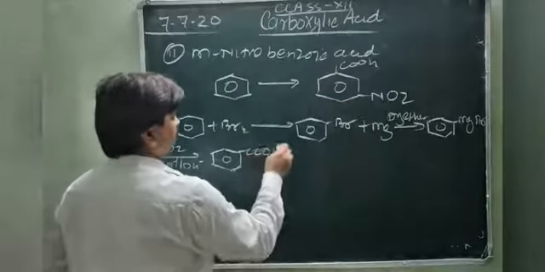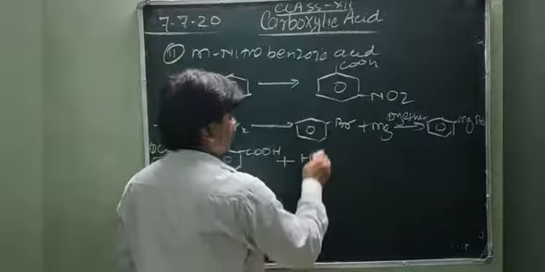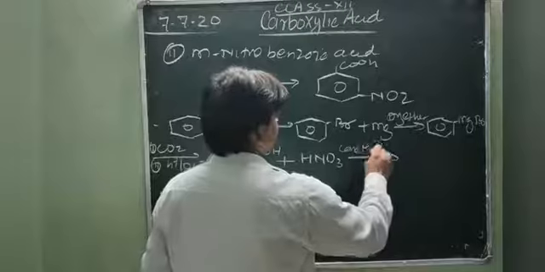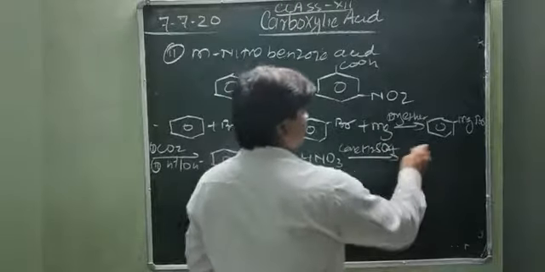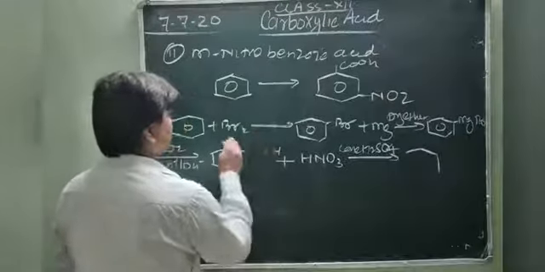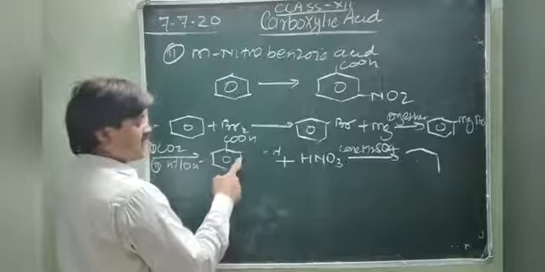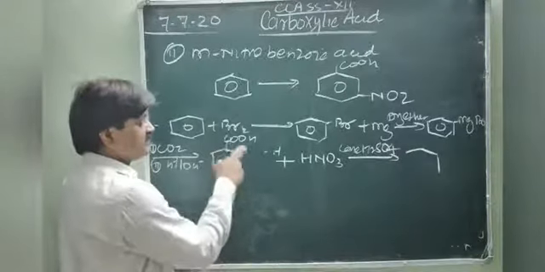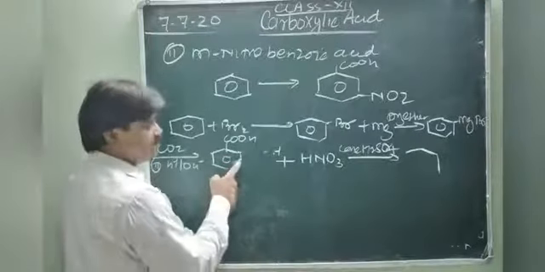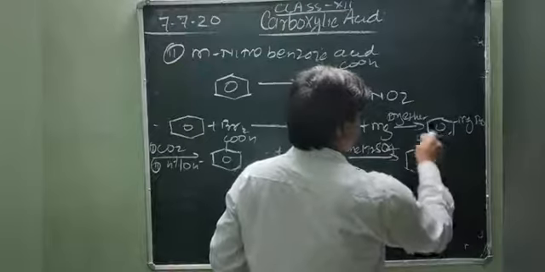I have written already this, and this is directly converted into the COOH group. Now nitration of benzoic acid is done by concentrated nitric acid HNO3 in presence of concentrated sulfuric acid H2SO4. The COOH group is a meta directing group, so NO2 attacks at the meta position, because the electron density is higher at the meta position, not at the para position. So COOH is the meta directing group.